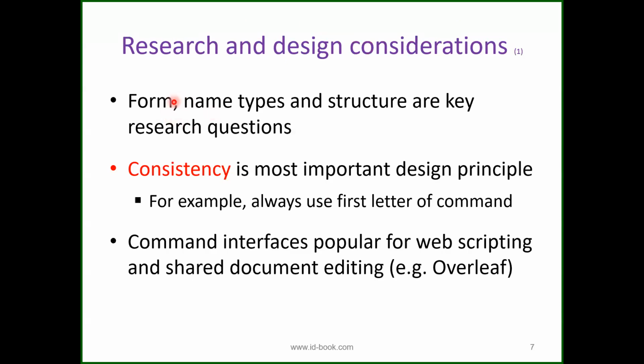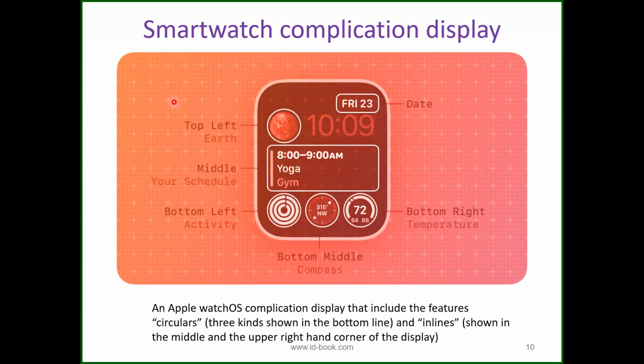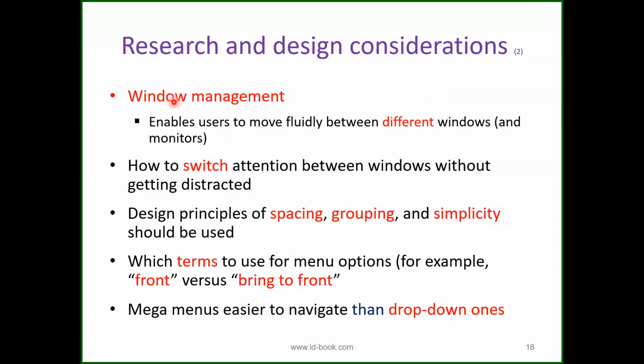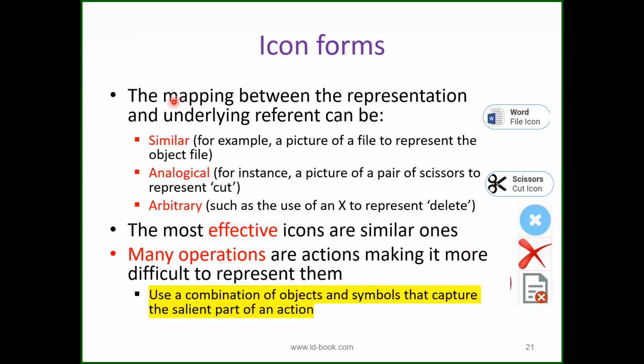The form is important. The form of icons is given in three categories: similar, analogical, and arbitrary. Similar icons are like the picture of a file, a picture of something to represent a real object or a computer object.